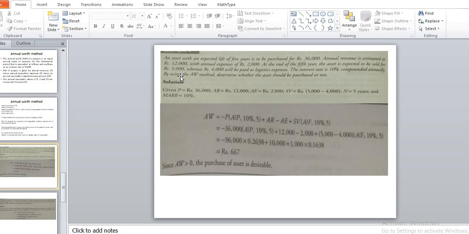Here, 36,000 is the principal amount invested in the asset.